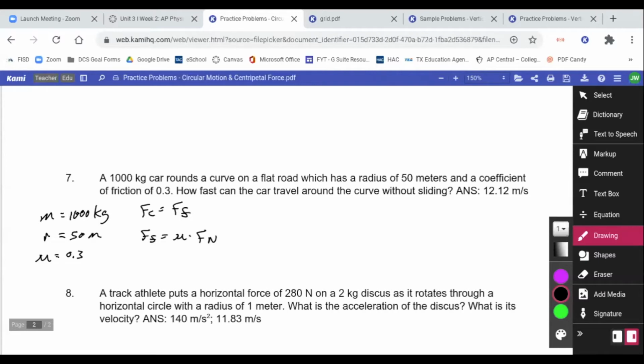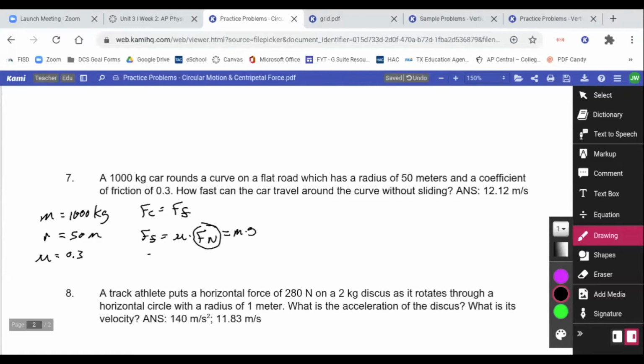In this case, a car, well, in every case, a car doesn't accelerate vertically, it accelerates horizontally. And for that, we know that force of gravity and force normal for a car are balanced, because we have balanced forces in the vertical. It doesn't accelerate vertically. That means force normal is equal to mg, because they're balanced.